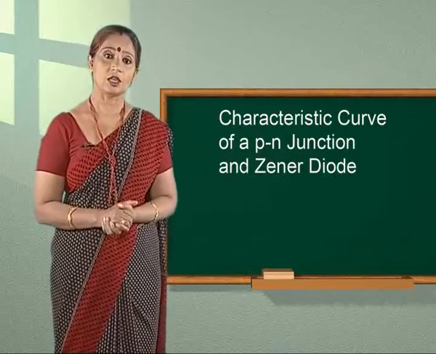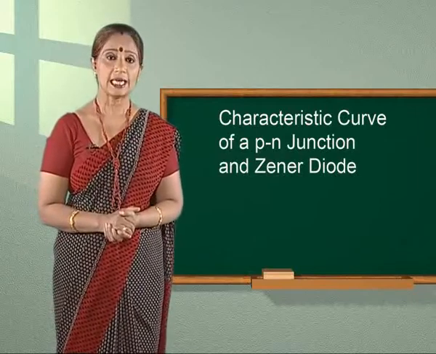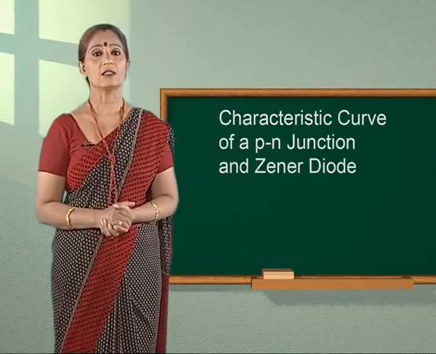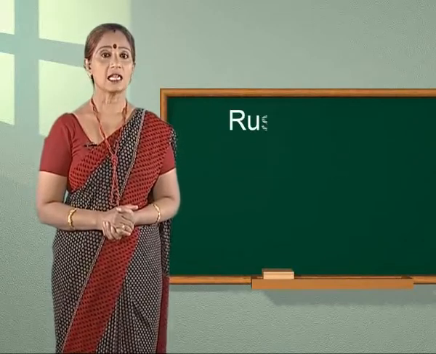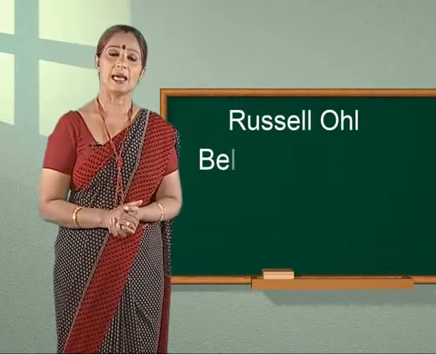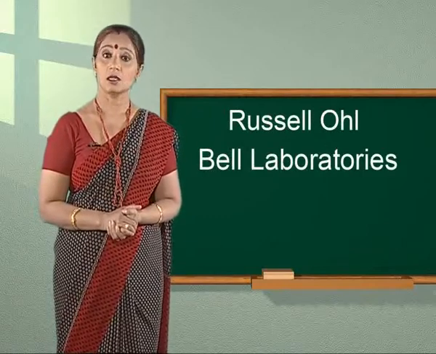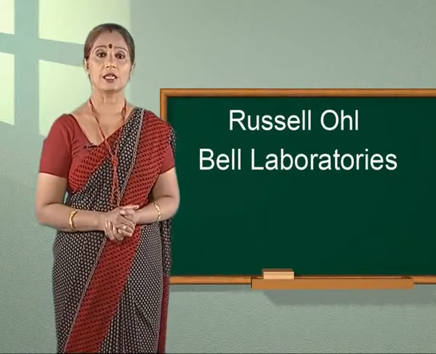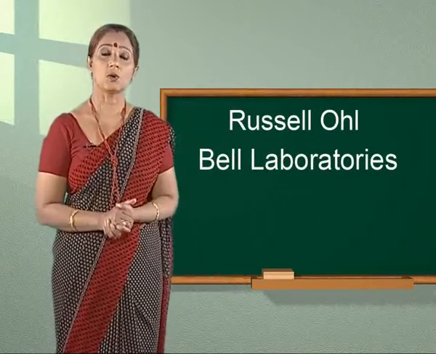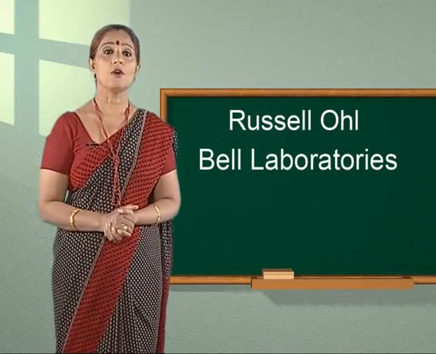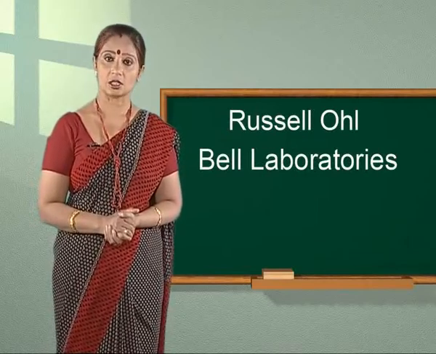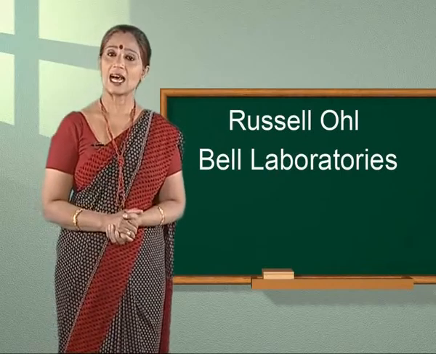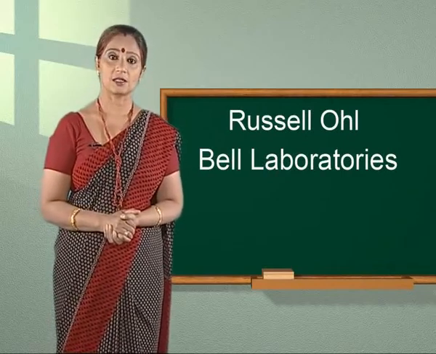The discovery of the PN junction is usually attributed to American physicist Russell Ohl of Bell Laboratories. Today, as our first experiment, we are going to study the current voltage characteristics for a PN junction diode, both in forward bias as well as reverse bias.